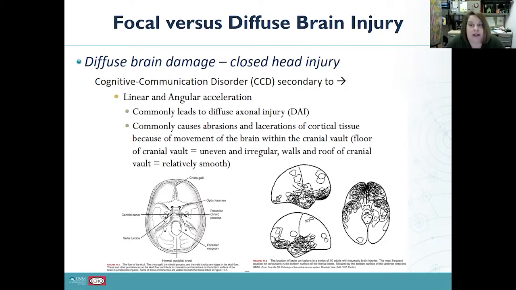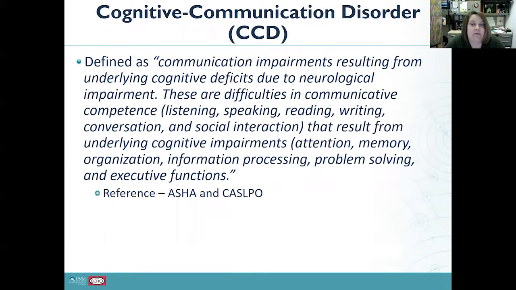So if you can go to the next slide, I'm defining CCD for you. Cognitive communication disorder is defined as communication impairments resulting from underlying cognitive deficits due to neurological impairment. These are difficulties in communication competence, listening, speaking, reading, writing, conversation, and social interaction that result from underlying cognitive impairments such as attention, memory, organization, information processing, problem solving, and executive functions.